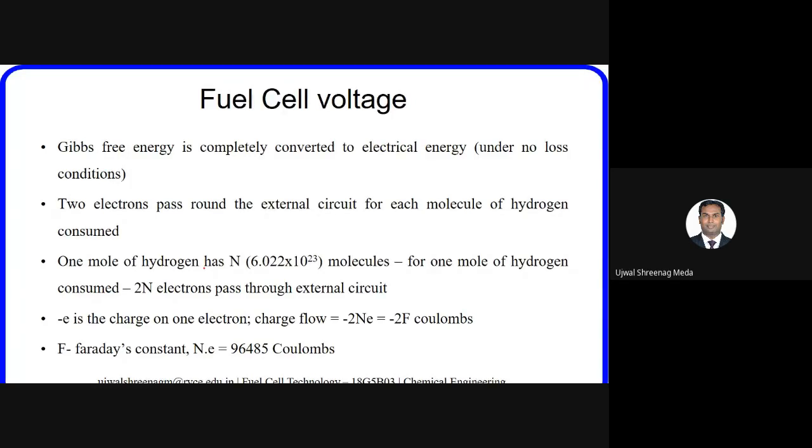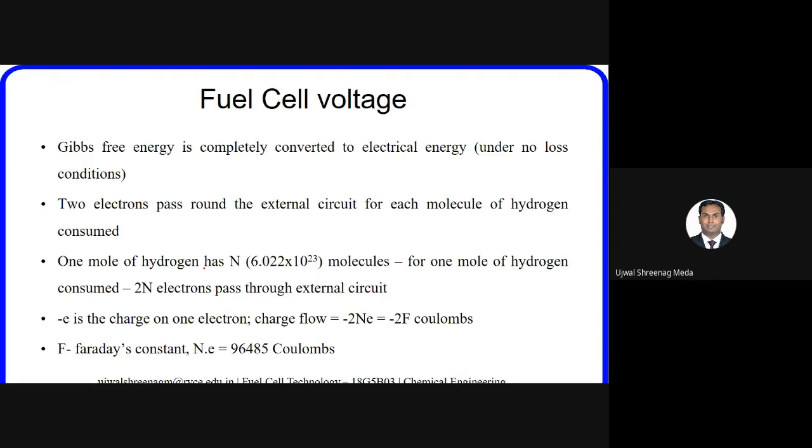So how many electrons do we get because of that? It is 2 times the Avogadro number. 2N electrons pass through the external circuit when a mole of hydrogen is consumed. To express the same thing in terms of charge, the electron has a charge of minus e, and you multiply that with 2N.